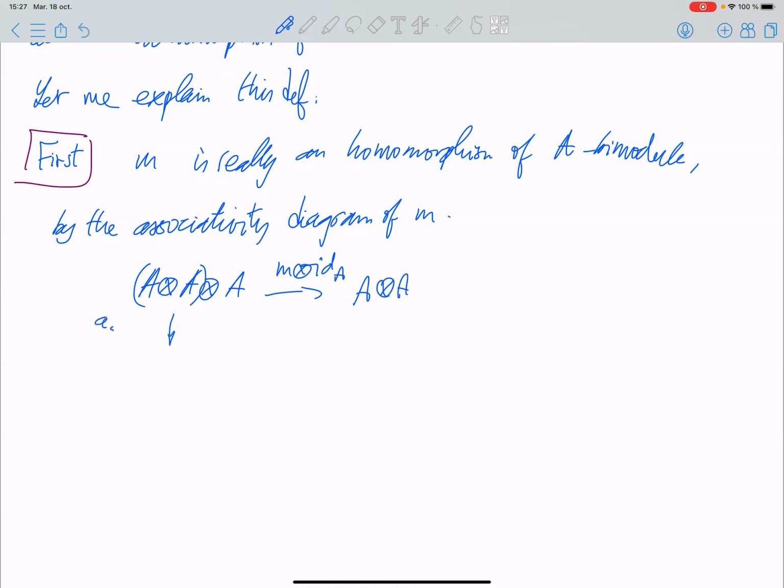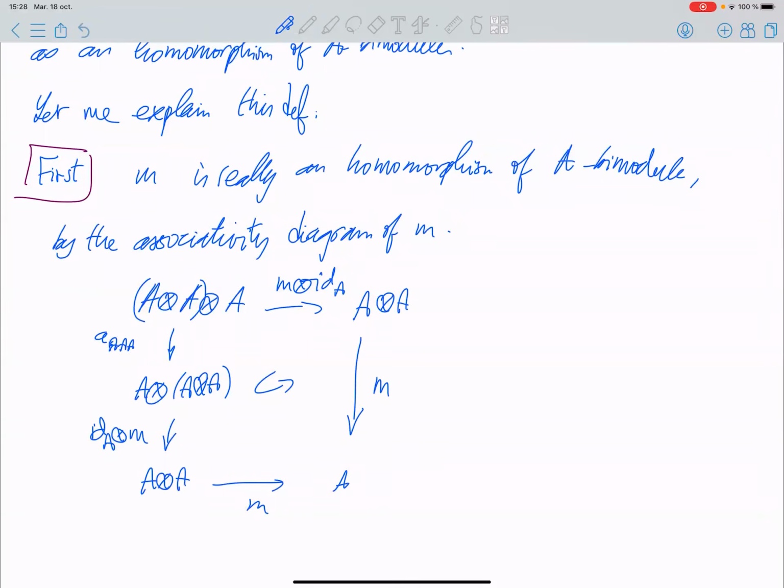Here you apply the associativity constraint to move the parenthesis and multiplication again. So here you get the module product.